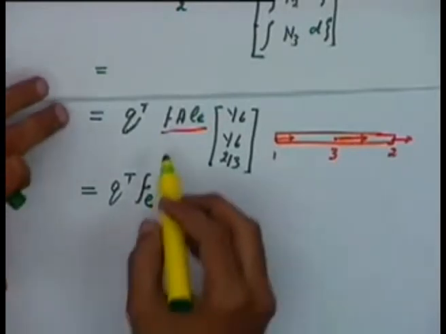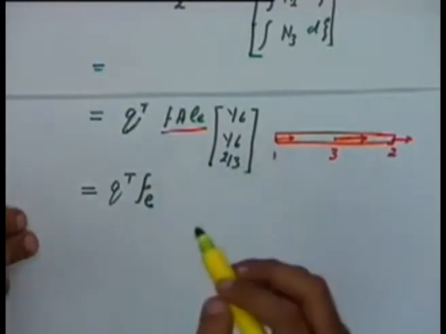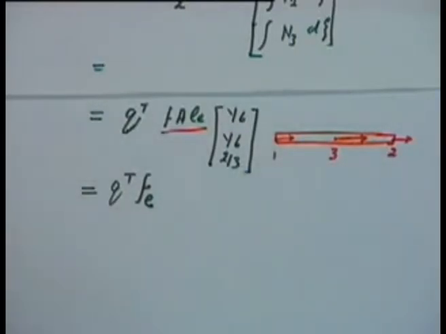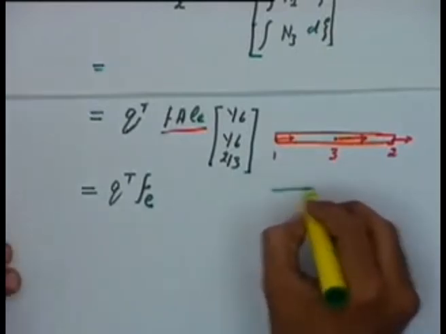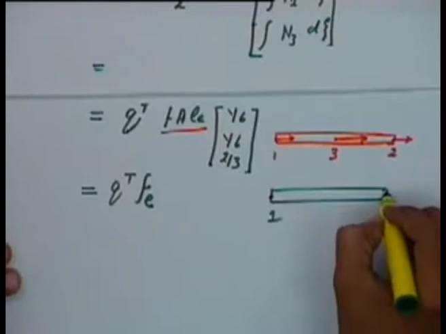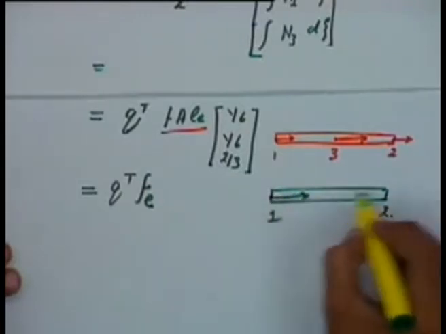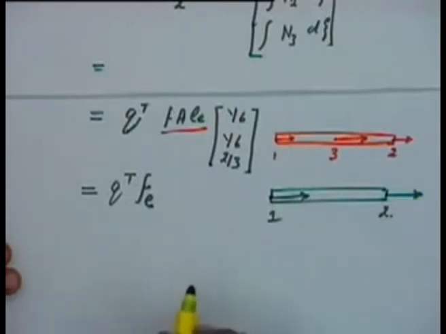Okay, so total body forces acting on the element are divided into the three nodes in this proportion. In an earlier case, when we were taking a linear element, we had two nodes, one here and one at the other end, and the total body force was divided equally in the two nodes.